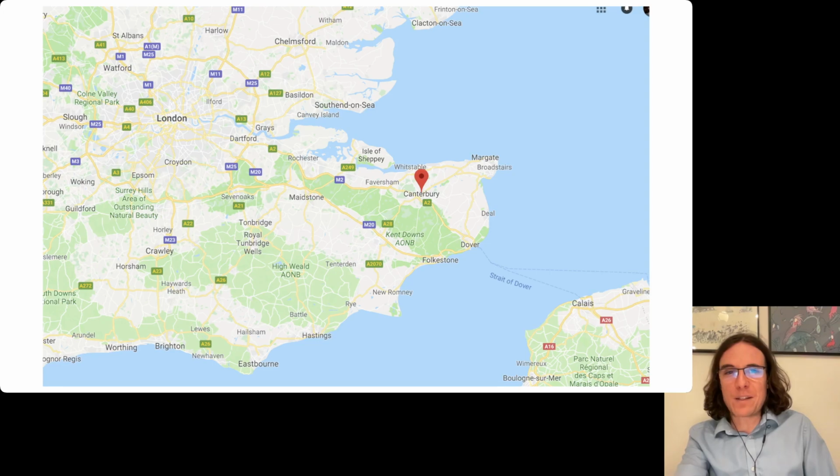It's based at the University of Kent, which is in Canterbury, right down in the corner of England. It's closer to France than it is to London, but it's very close to London, less than an hour on the train, so it's easy to get to other places.